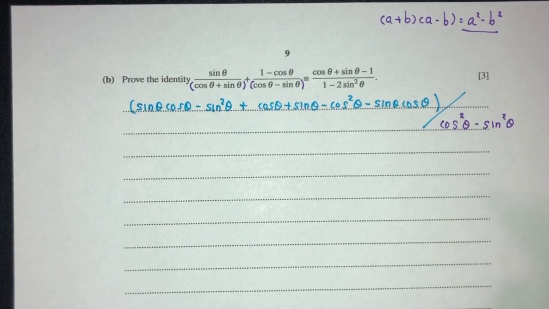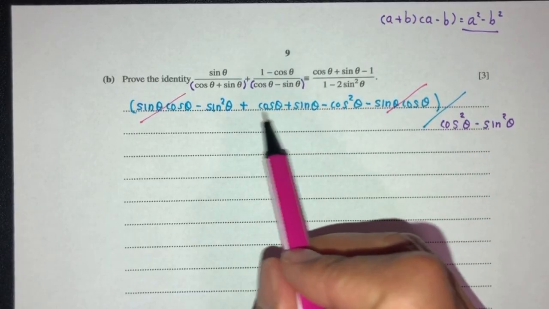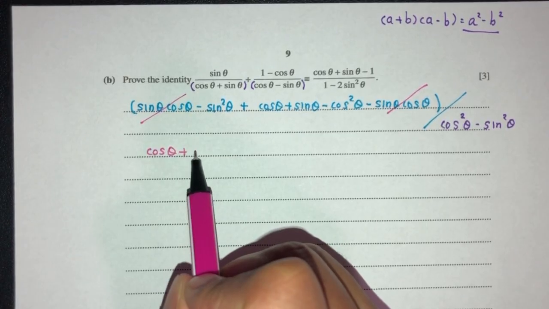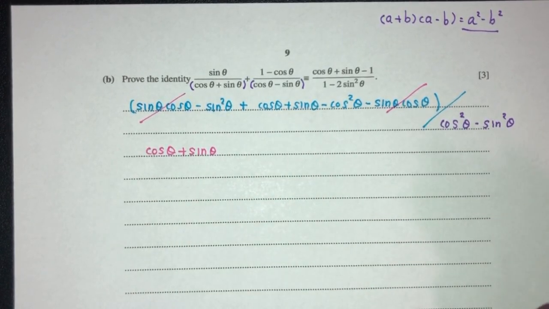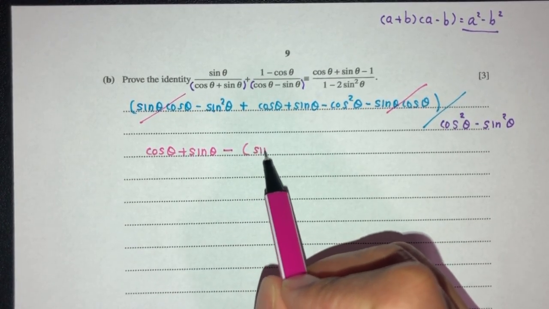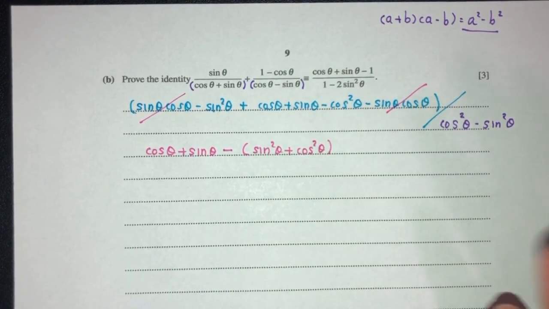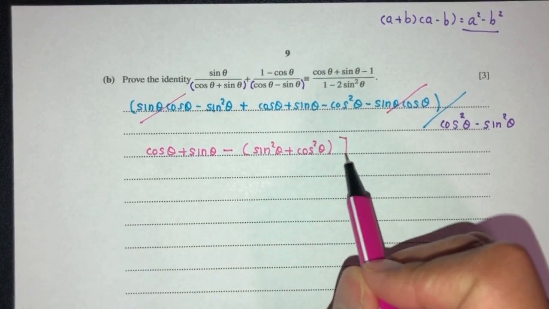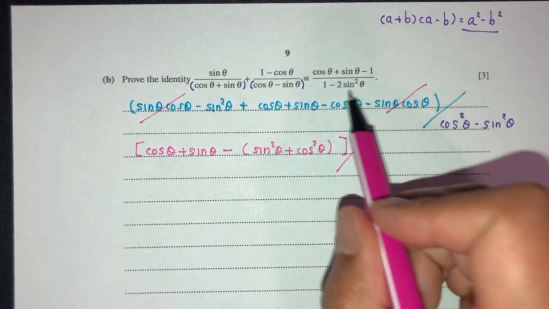Now simplify the whole thing. On top, these two will cancel out. Then we have cos of theta plus sine of theta. Here I have this and this, and I can factorize the minus outside. That will become sine square theta plus cos square theta. Makes sense, right? If you factorize the minus outside, you will have this. Now I have to make this in terms of sine.